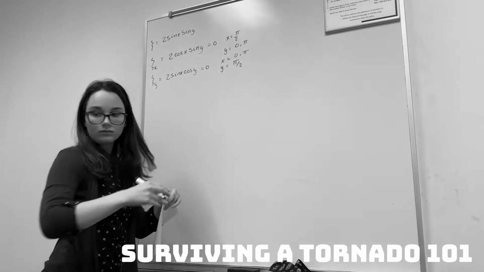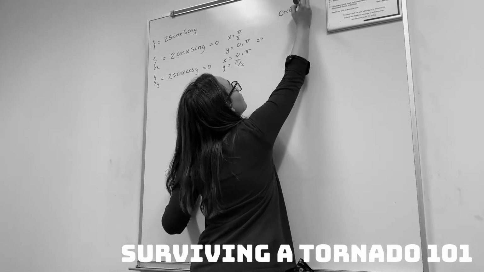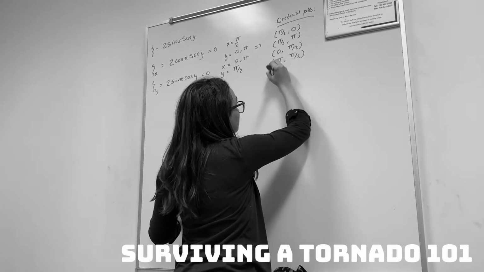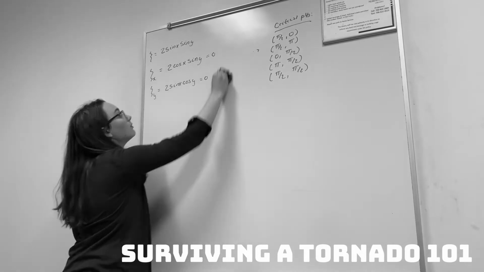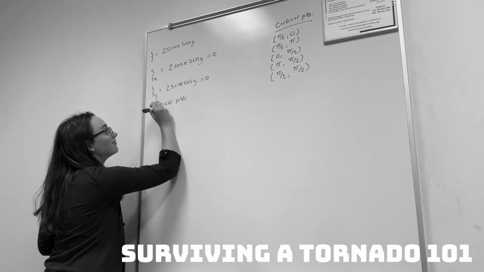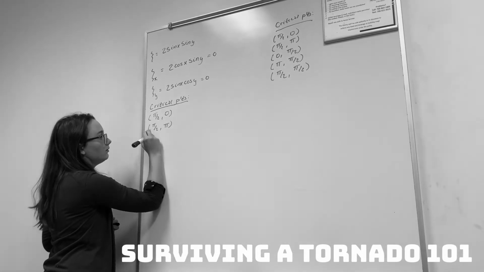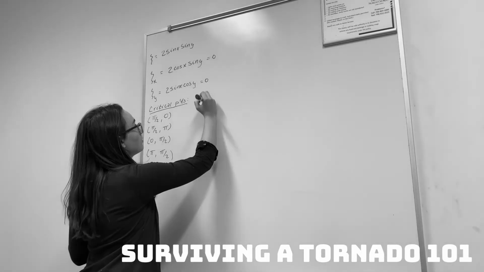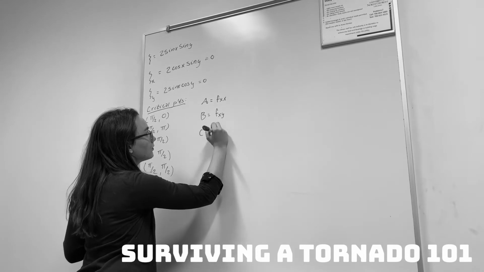From there, we take the derivative of the vorticity function with respect to x and y and set those equal to 0 to find the critical points. We find critical points of (pi/2, 0), (0, pi/2), (pi, 0), and also (pi/2, pi/2).